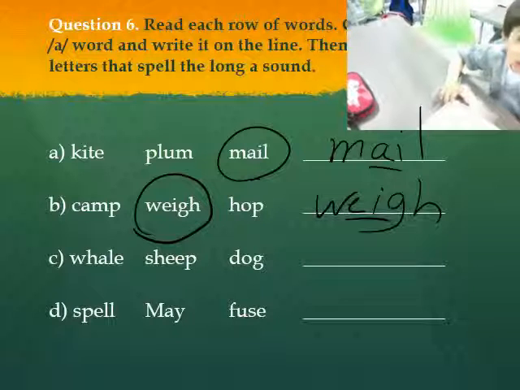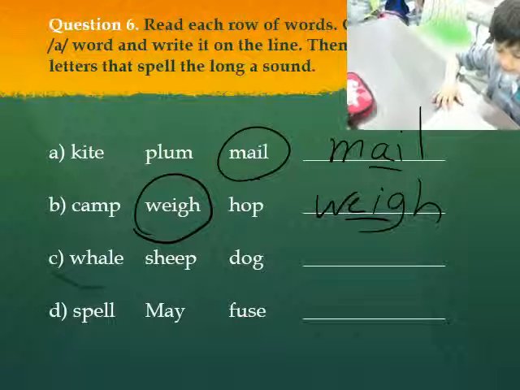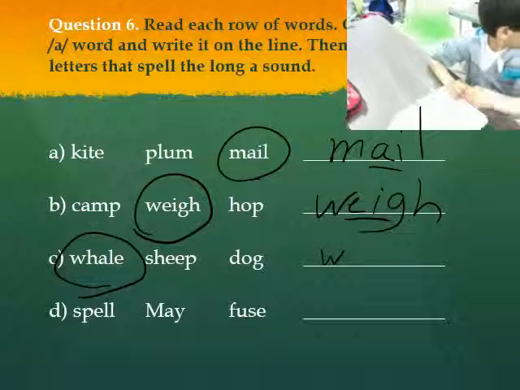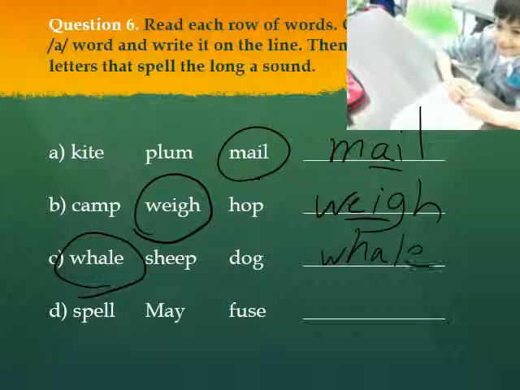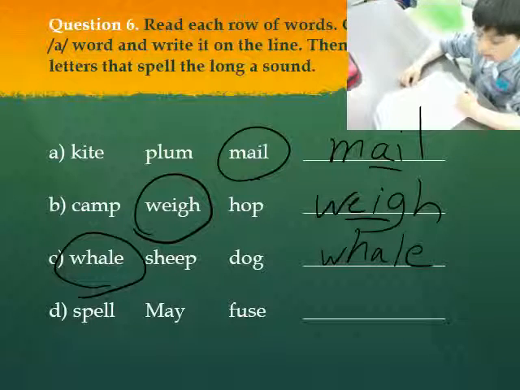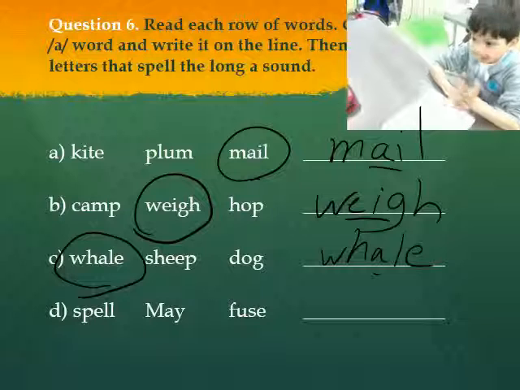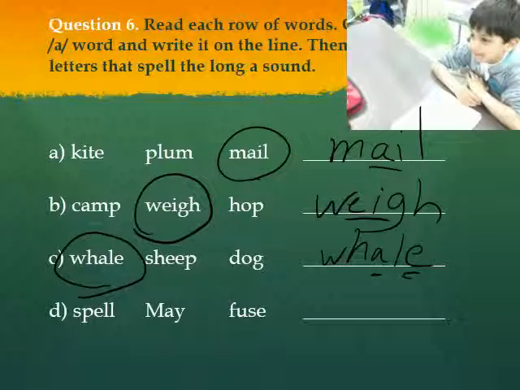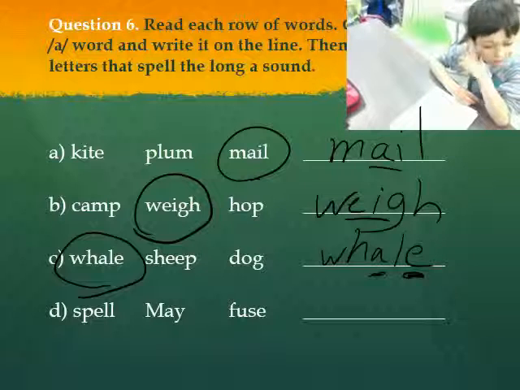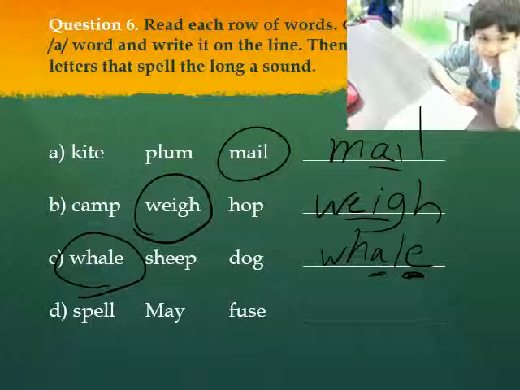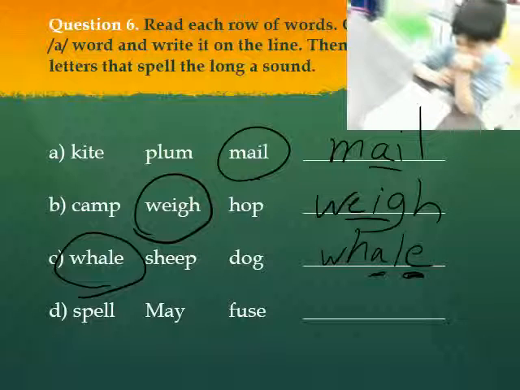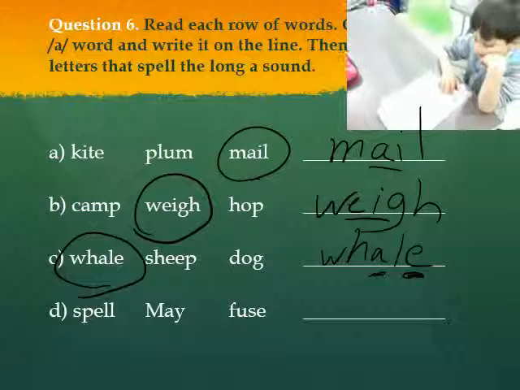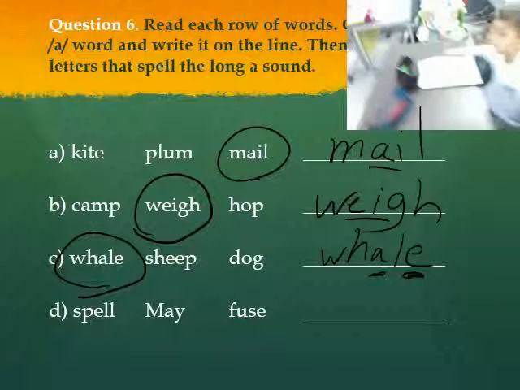Whale, very good. So we circle whale. And where do we write it? On the line. Okay. Which letters do we underline? A and? No, not L. E. Yes, E. We underline A and E. When we have A, consonant, E, this makes the sound A. Okay? Now D, Nabil, I want you to read it.